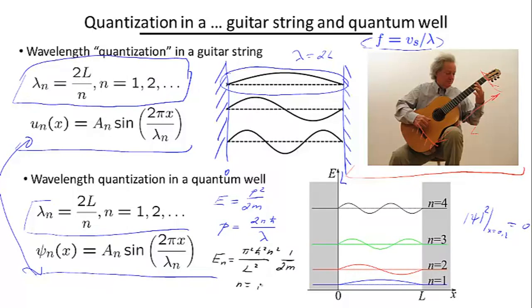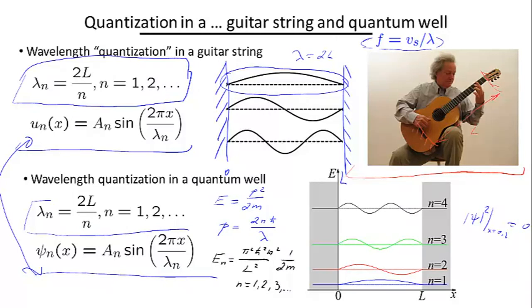Notice that, interestingly, we solved the Schrödinger equation without even writing it down. The only thing we used was the boundary conditions and some analogy with classical physics along with the de Broglie relation. But of course, one can solve it formally, and we're going to show later how it works.